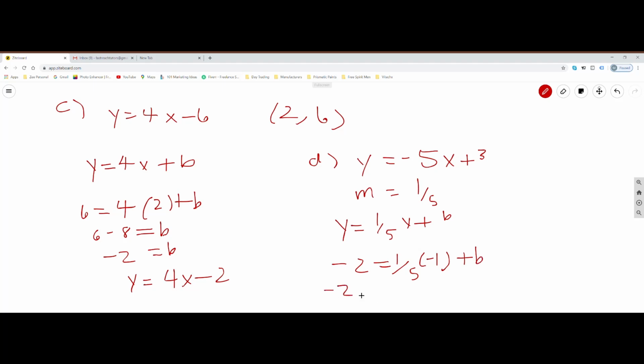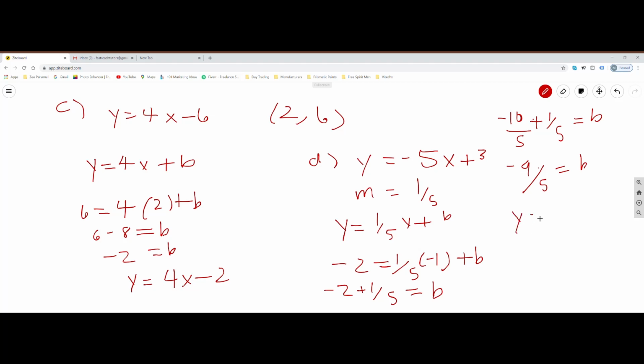Negative 2 plus 1 over 5 equals b. Negative 10 over 5 plus 1 over 5 equals b. Negative 9 over 5 equals b.